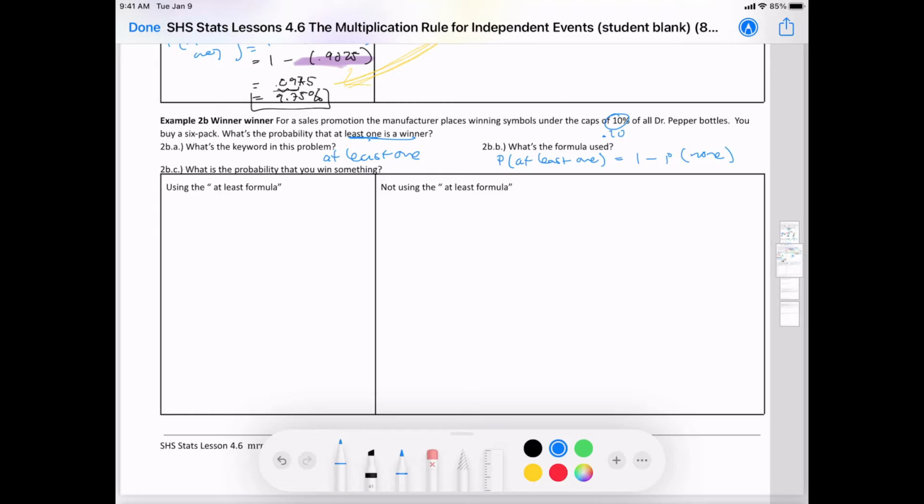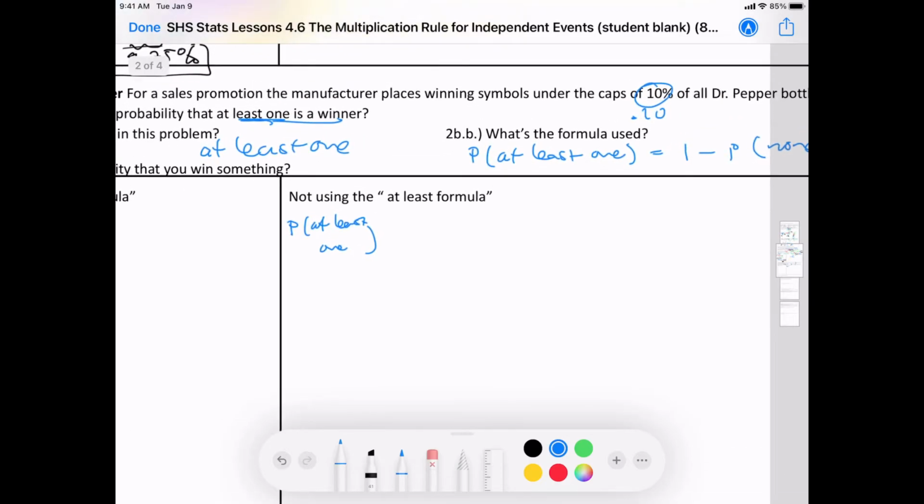You could create this huge sample space. Remember these are independent events, one bottle cap is not affecting the other bottle cap, you can have at least one winner. So let's just say you have 1 winner and 5 losers.